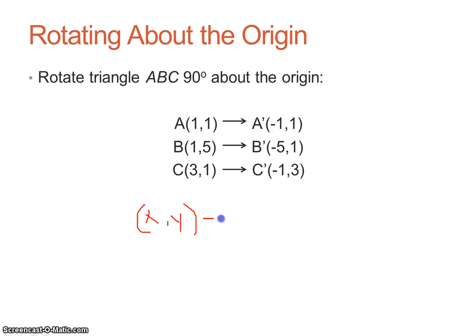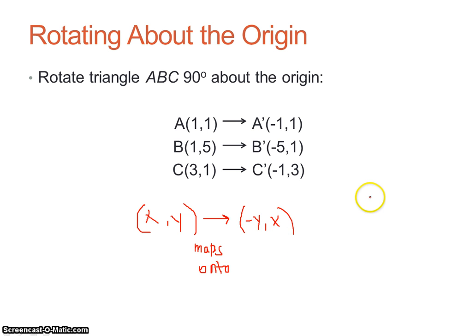Instead of saying becomes or is, we're going to start saying this arrow as maps onto. So our x, y maps onto negative y, x.